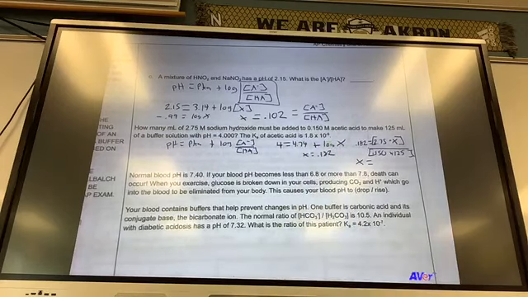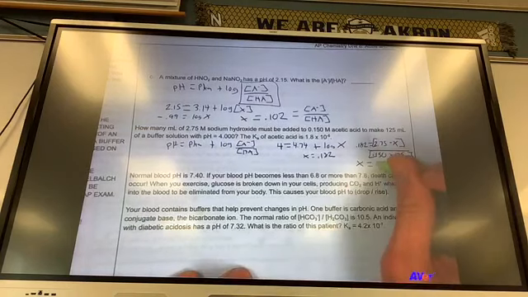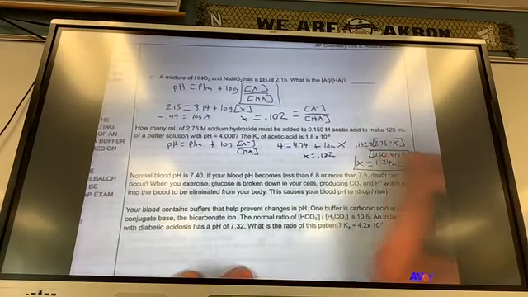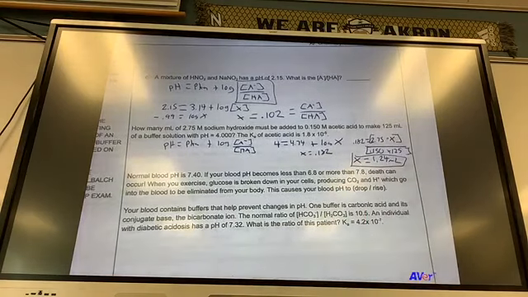What'd you guys get for x? Anybody? That's what I got. I had 1.24 milliliters. 1.22 would be fine. 1.24 milliliters.